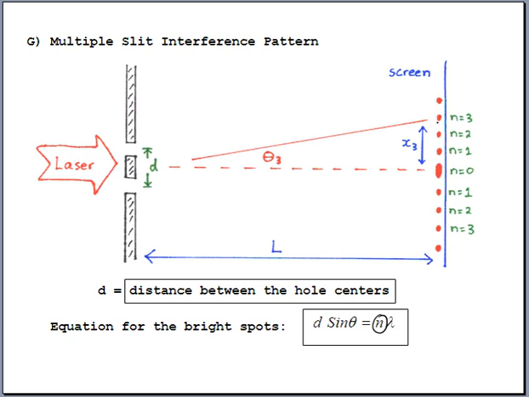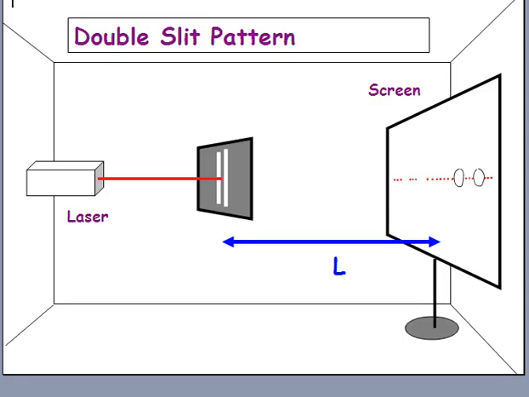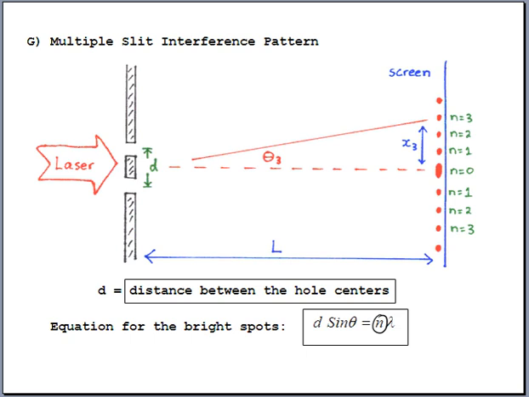So again, you would be finding the angle measuring from center, looking at the third little dot out, right? So somewhere out there. And if you really wanted to know the x value for it, you could do tan theta is equal to x divided by the L.